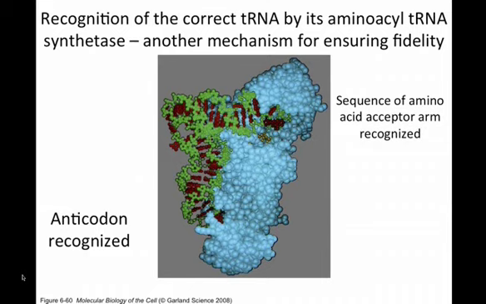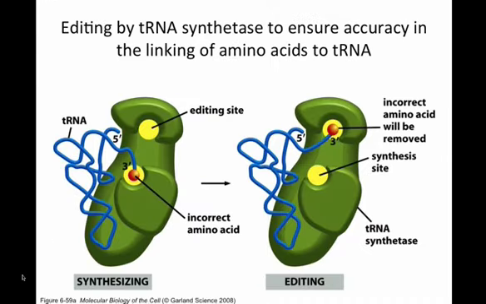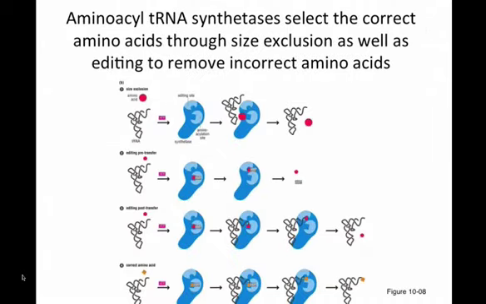I'm sorry. Okay, so you said that's another level. So the first level, well, if you want to really go back, the first one is whether or not the amino acid even can fit into the enzyme.